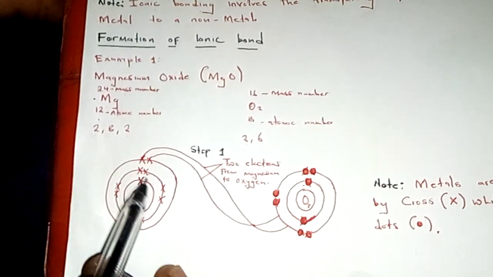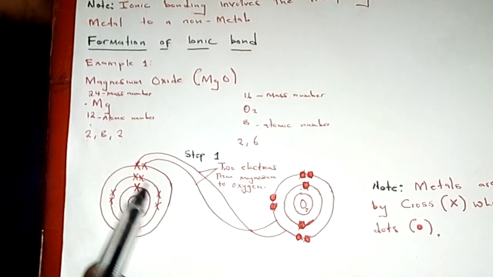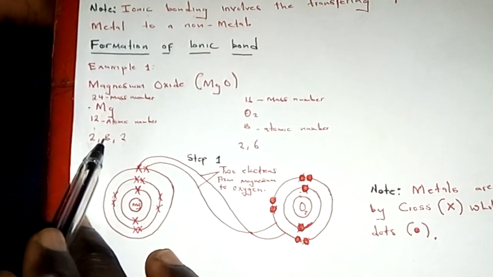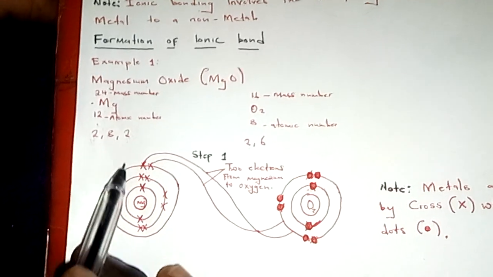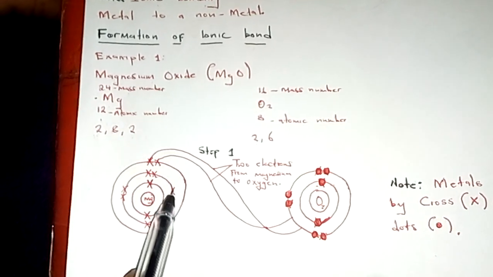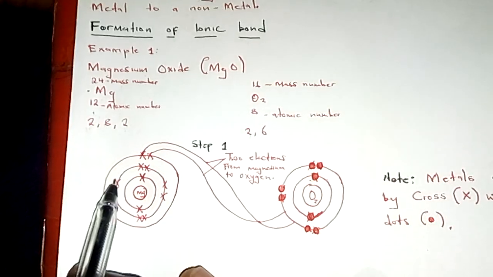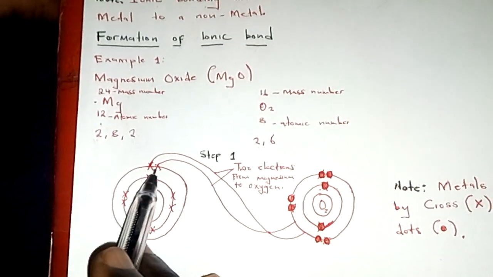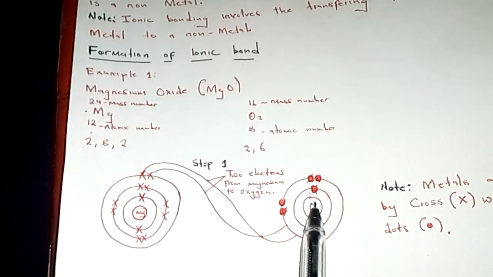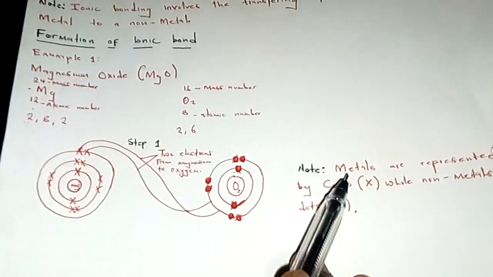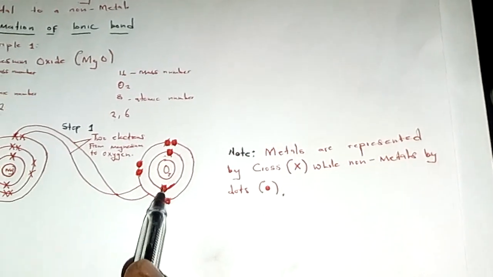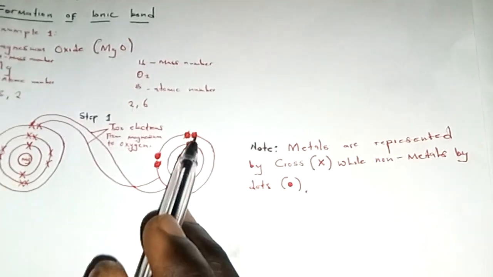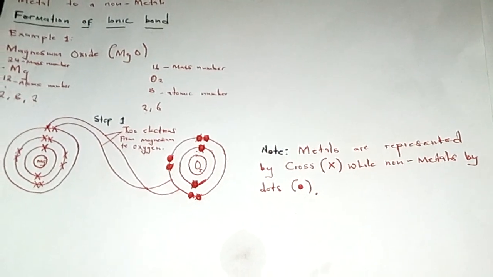The first shell occupies 2 electrons, the second shell occupies 8 electrons, and the last shell occupies 2 electrons. And for oxygen, the first shell occupies 2 electrons, and the last shell occupies 6 electrons.